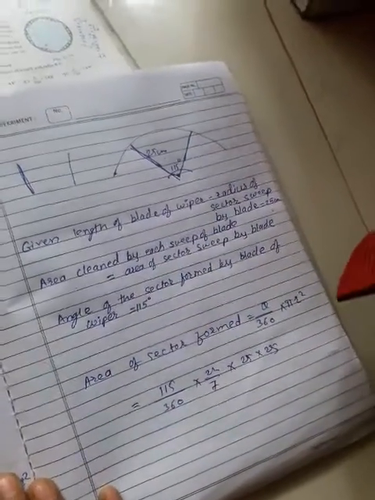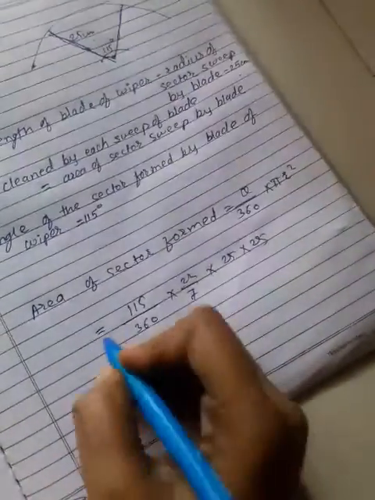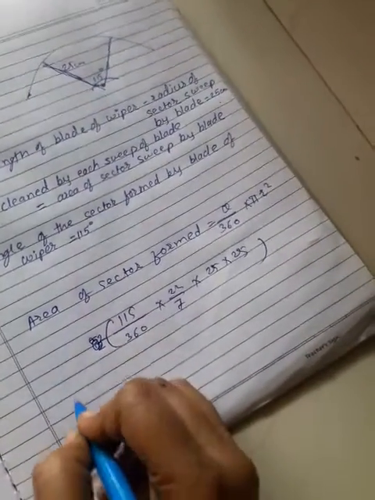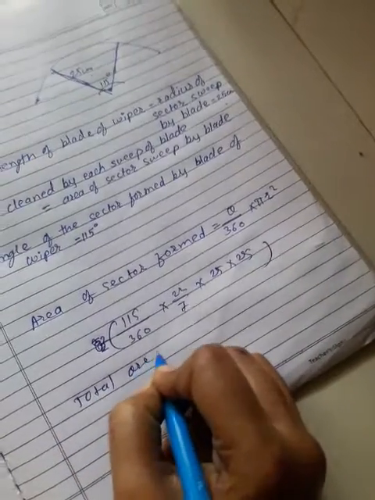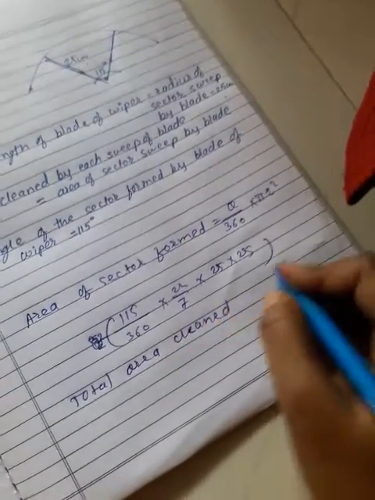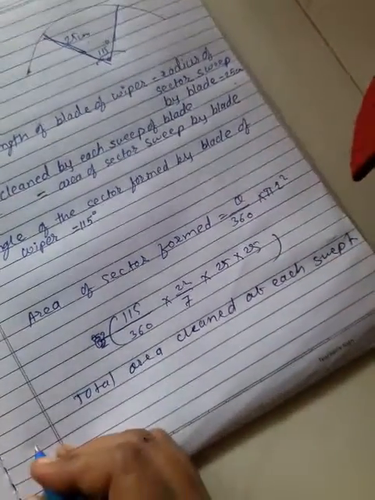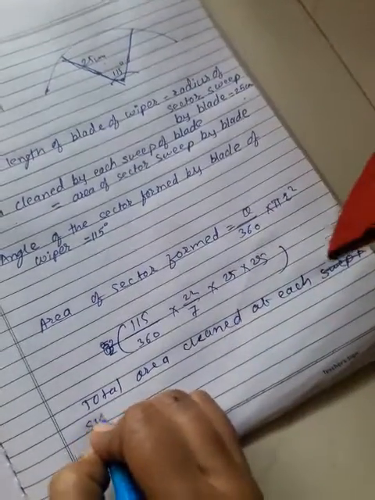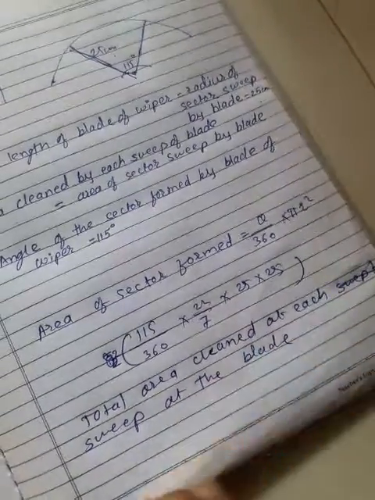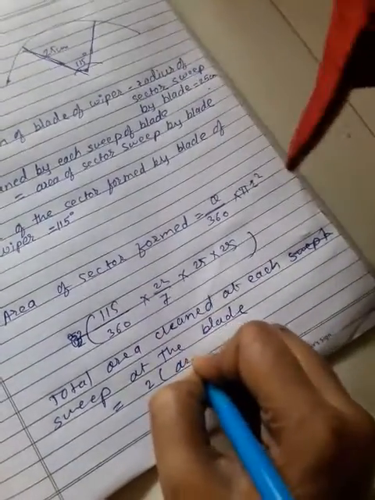So total area cleaned at each sweep of the blade is 2 times the area cleaned by one wiper.